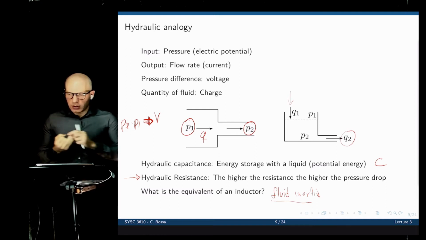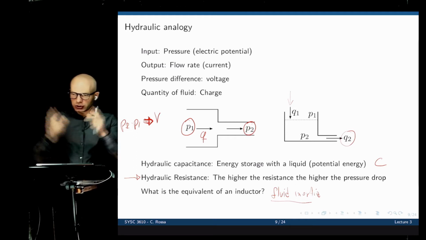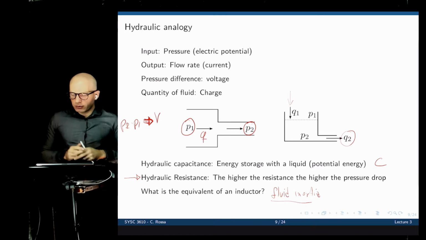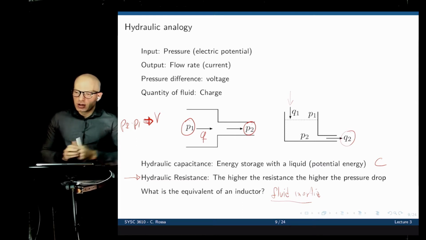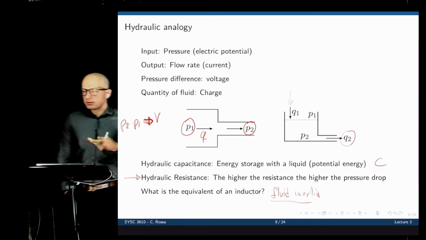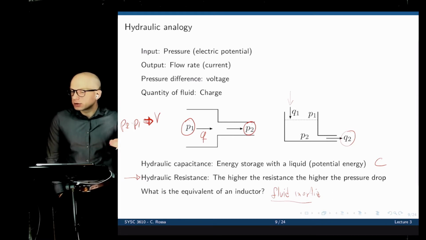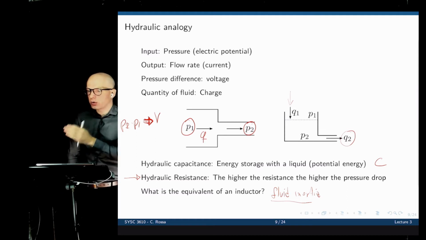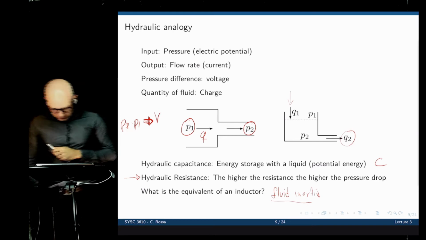Fluid inertia, inductor. The input to the system is the pressure. The difference in pressure, or the pressure drop, is the voltage. And the variable of interest is the current or the flow rate in this particular example. If you take the integral of the flow rate, then it gives us the quantity of fluid. If you take the integral of the current, that gives us the charge. So the quantity of fluid is equivalent to the charge.